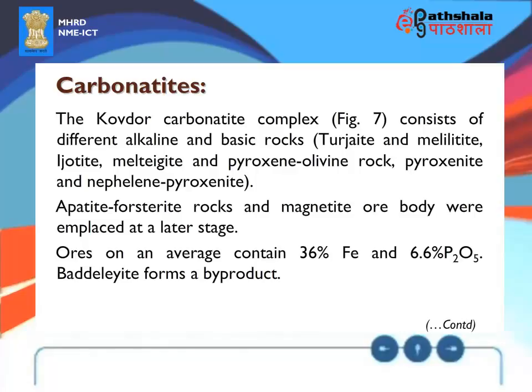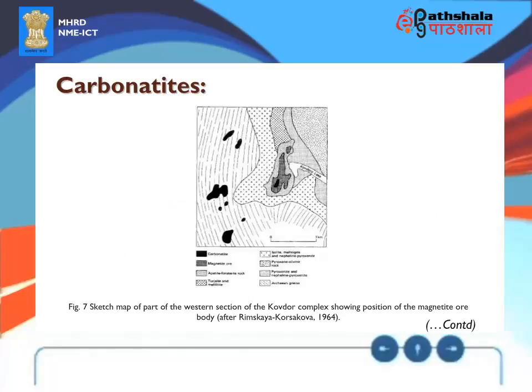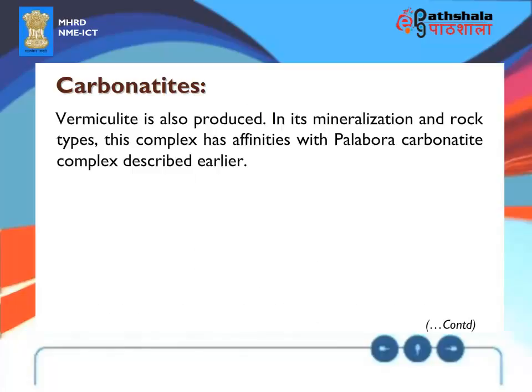Baddeleyite forms a byproduct. Figure 7 shows a sketch map of part of the western section of the Kovdor complex showing position of the magnetite ore body, after Rimskaya-Korsakova 1964. Vermiculite is also produced. In its mineralization and rock types, this complex has affinities with the Palabora carbonatite complex described earlier.